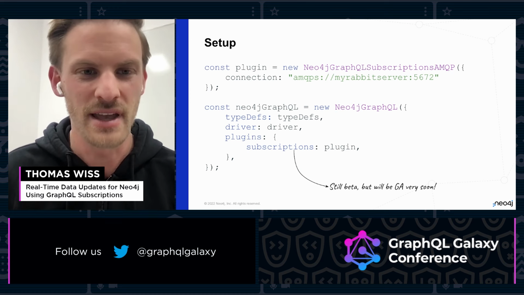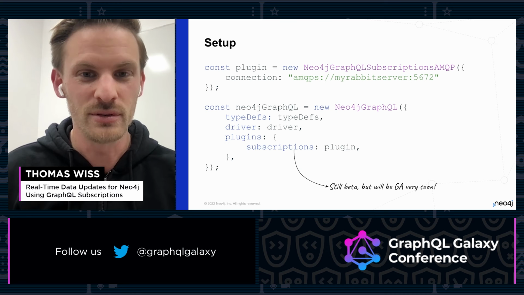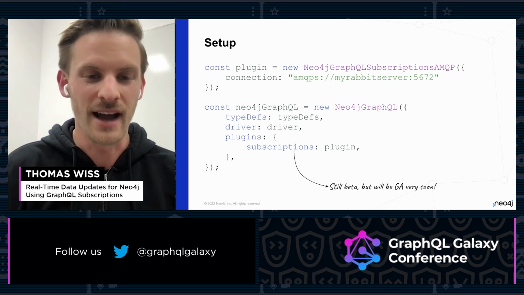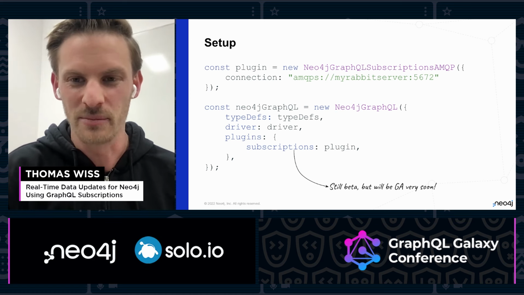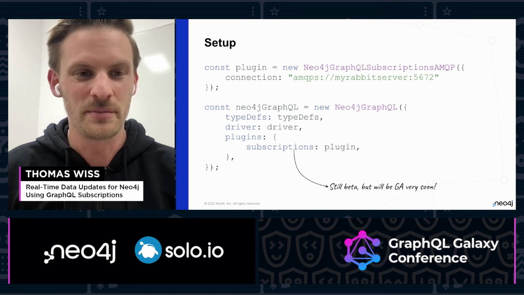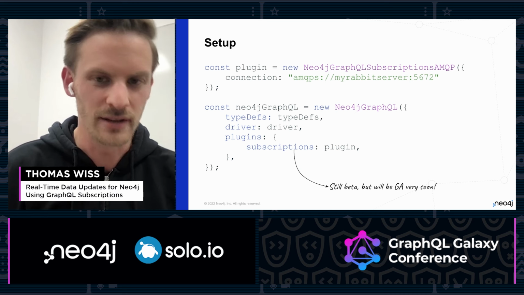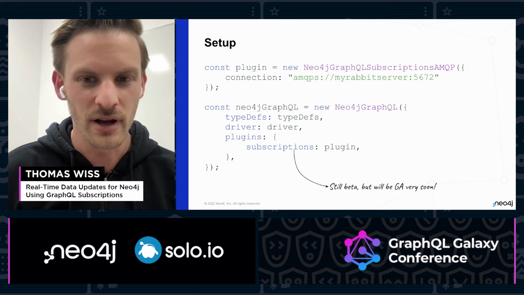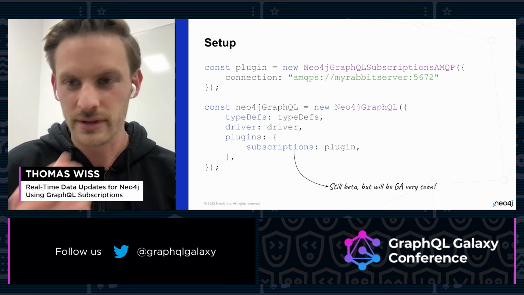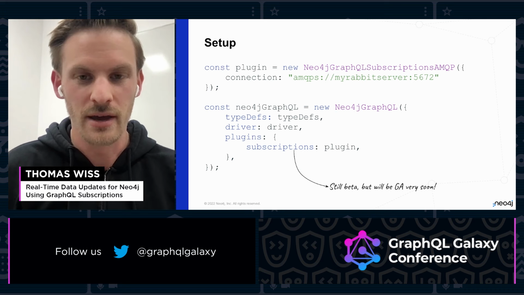It's called Subscriptions AMQP, and all you have to do is define the connection details and credentials to your AMQP broker. And yeah, sorry, you still have to set up that one, but there's many ways to do that. So you only have to provide the credentials to the plugin, and you pass that plugin to the Neo4j GraphQL instance or class, as you did before and as you saw in the demo, and off you go. That's all you need to do.